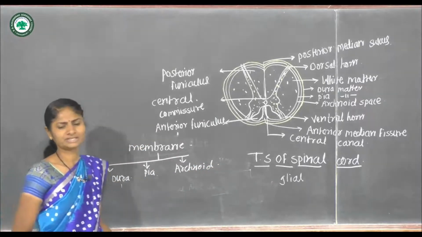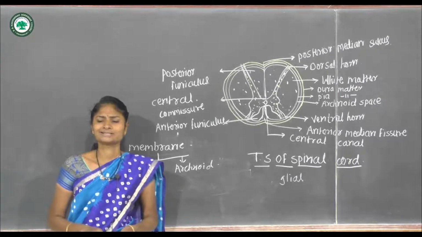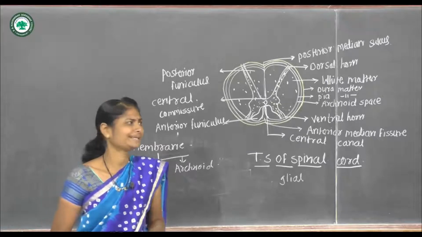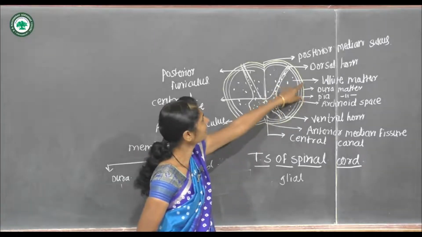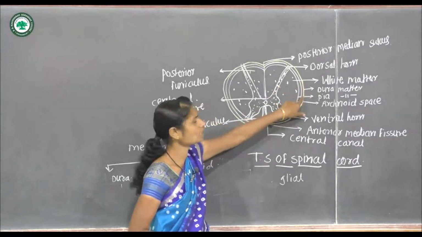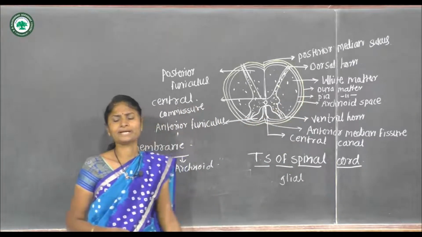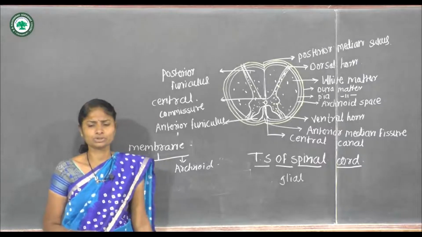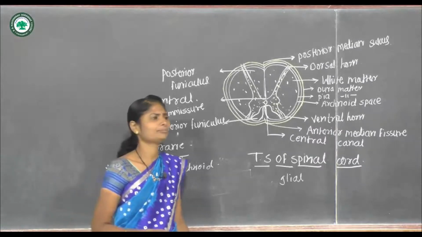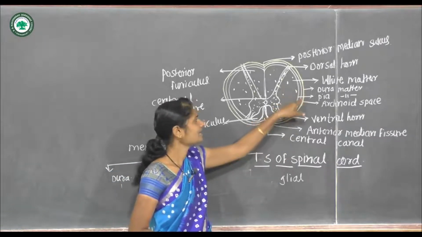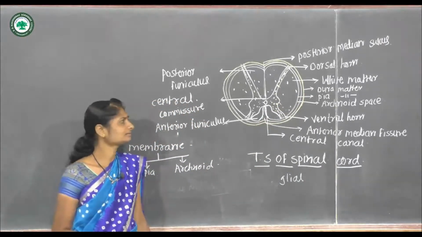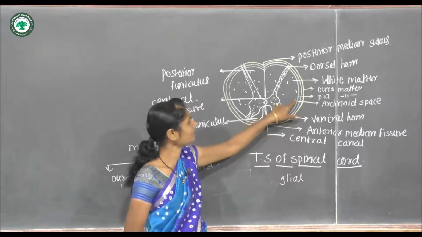Dura mater is the outermost membrane of the spinal cord, made up of dense connective tissue, collagenous, and a few elastic fibers. Second membrane is pia mater.